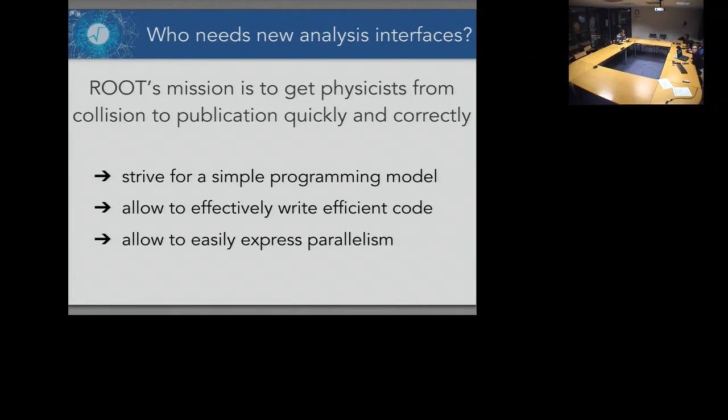What this goal translates to is that we need to strive for a simple programming model. We need to allow users to effectively write efficient code. And given that everybody today has at least 4 logical, if not 8 logical cores at their disposal on their laptops, we need to allow them to easily express parallelism.